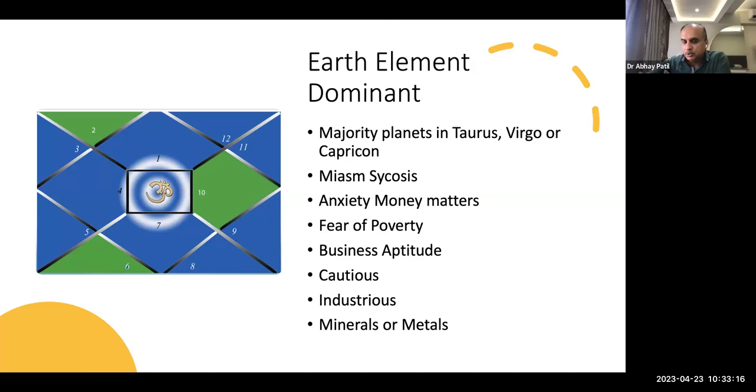The rubrics you will usually find in earth element people are anxiety about money matters, fear of poverty, business aptitude. They're usually cautious in nature. They can be industrious. They can be fastidious. They are particular. There is a fear of loss. So the holding capacity. And they are workaholic. They are usually hardworking.